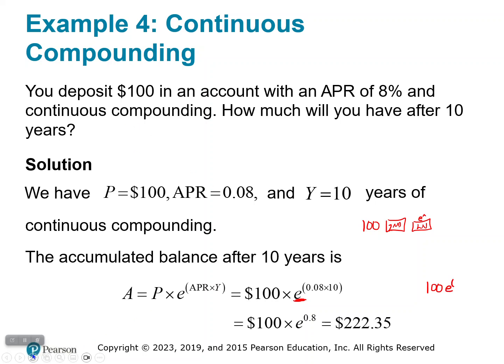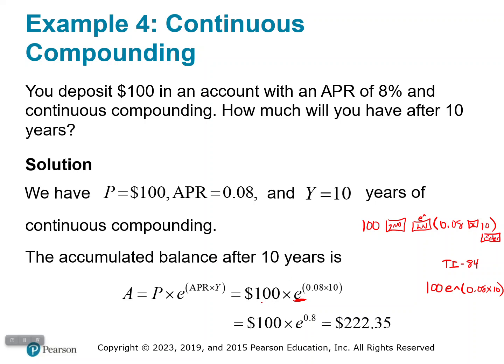My calculator, a TI 84, will look like this quite possibly. E to the, and it should prompt a parenthesis. If it doesn't, then go ahead and put that in. And then our times button, close the parenthesis and enter.